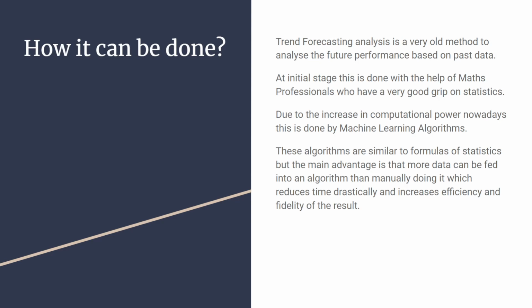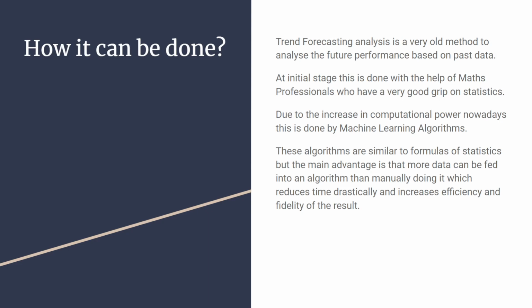Based on the amount of data that is fed into the machine learning model, it will predict the possible outcome. At initial stages, this was done with the help of maths professionals, PhDs, or people in business who have a very good grip on statistics. Basically, this is used for predicting, and for probability as well. So probability and statistics both.